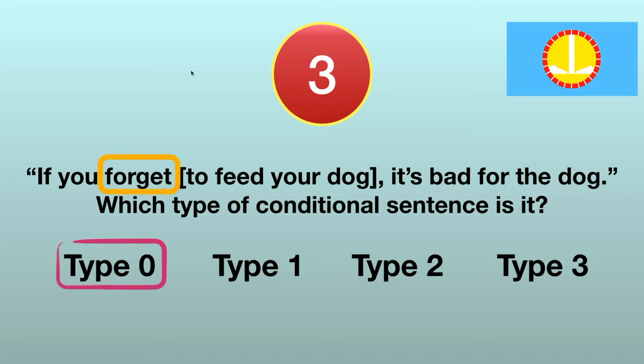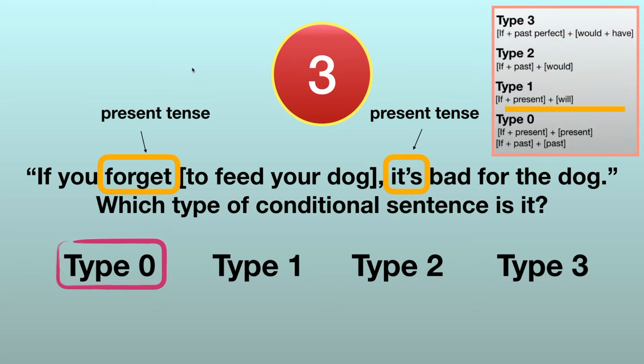In the first part, we see forget, the present tense. And also the second half is in the present tense, the short form it's. It's a type 0 if the present tense is used in both clauses.